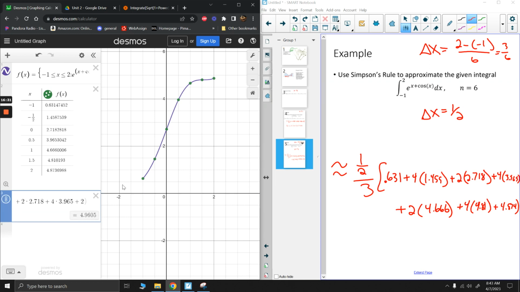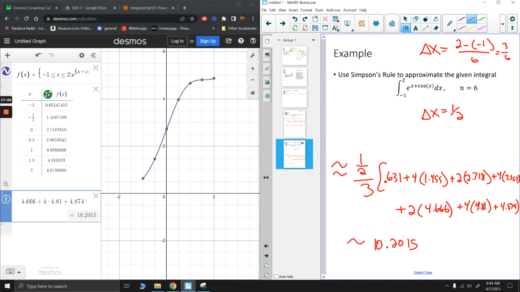Plus 2 times 4.666 plus 4 times our 4.81 plus our last value, which is just 4.874. We get 10.205, and again, I cut those off at just 3 digits and didn't go with a more exact approach, but you know, whatever.